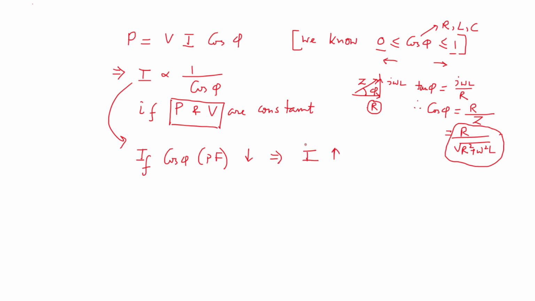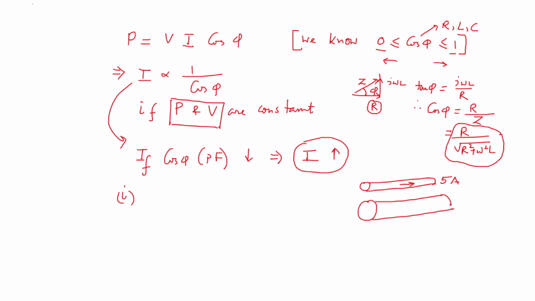Now there is a problem with this more current. What is that? The first problem is that if a conductor carries a current of 5 ampere, and a second conductor carries a current of 50 ampere, naturally the cross-sectional areas of these two conductors are not the same.